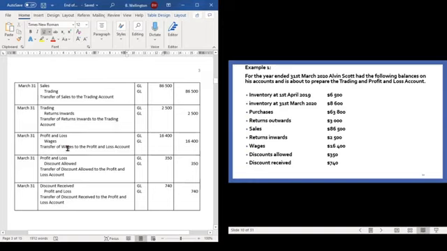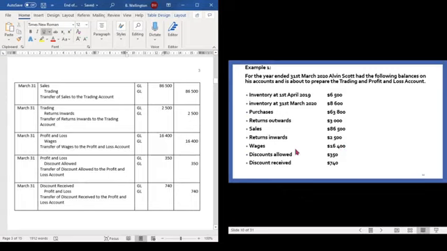Now let us look at wages. Wages is an expense, and expenses have debit balances, remember? So if it's a debit balance on the wages account, in order for you to transfer it, you will have to enter a credit entry in the wages account.